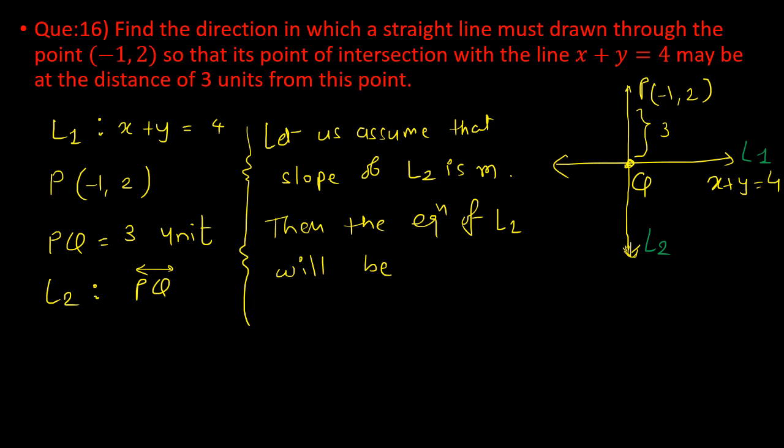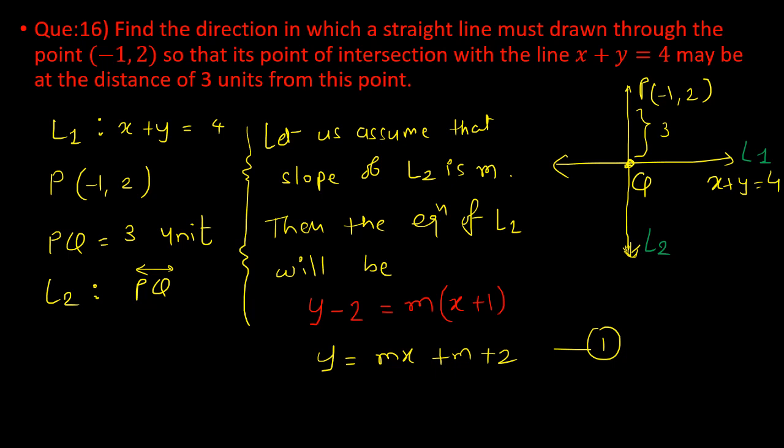So it will be y minus 2 is equal to m into x minus minus 1. If I simplify this in one more step, I'll get y is equal to mx plus m plus 2. This is equation number 1.